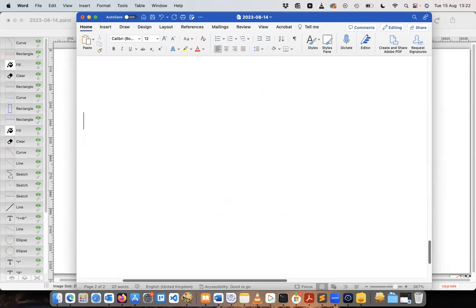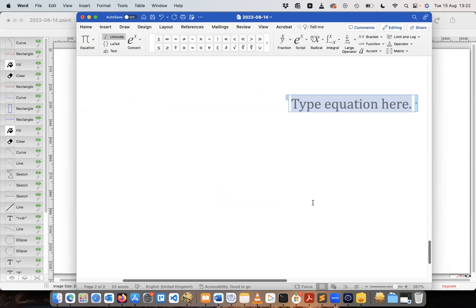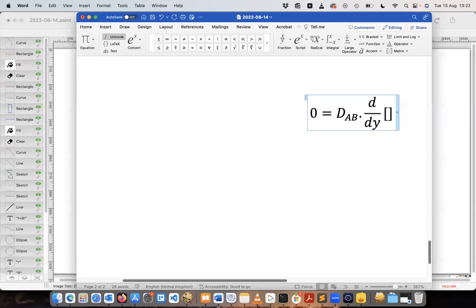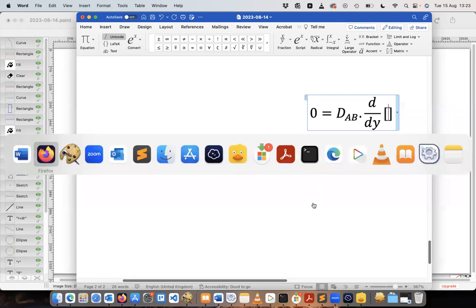Okay, so we have this balance. We know it's at steady state, so we can set the accumulation to 0. And we've got D_AB, and it's d/dy. So we chose y to be the vertical direction. And then it's d/dy of N_A, which we know is D times 1 over 1 minus x_A, dx_A/dy.